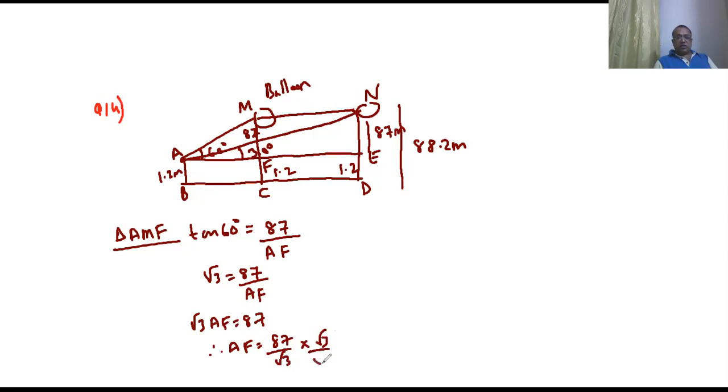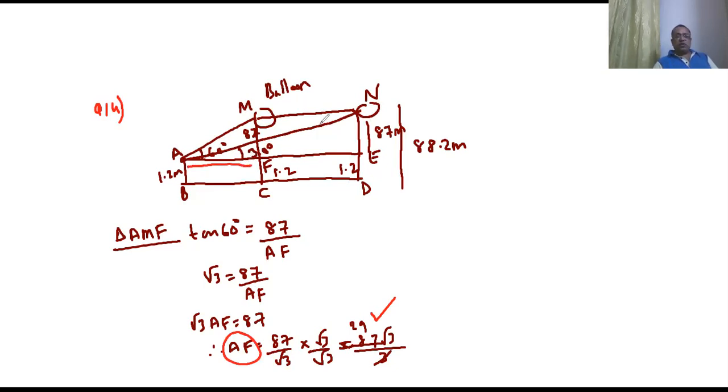I'm going to rationalize this, multiply and divide by root 3. So I'll get 87 root 3 by 3. I get the value of AF as 29 root 3. So this is the value that I'm getting from here to here, 29 root 3.